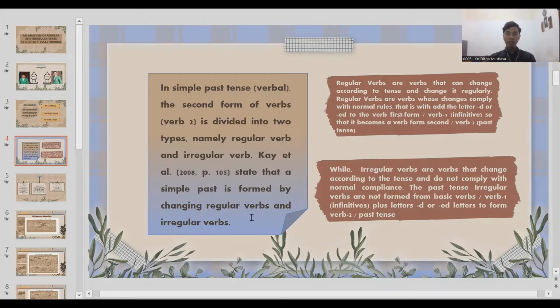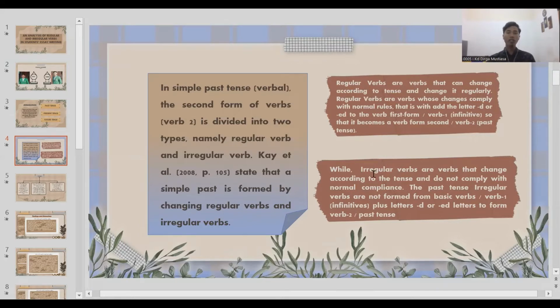Regular verbs are verbs that can change according to tense and change regularly. Regular verbs are verbs whose change complies with normal rules, that is, which add the letter D or ed to the verb's first form, or verb one or infinitive, so that it becomes verb form two or past tense.